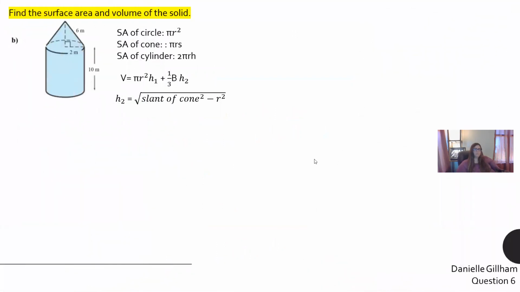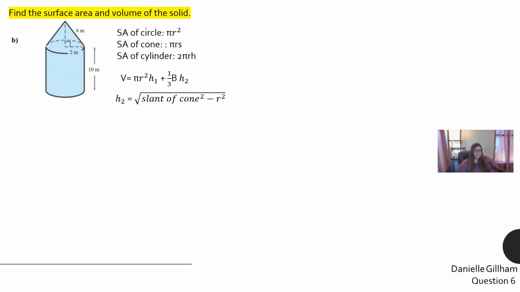Now, we were given this figure. We're going to find the surface area and the volume of the solid. Okay. So we have surface area of a circle plus surface area of a cone plus surface area of a cylinder, because we're going to use the circle, the cone, and the cylinder.